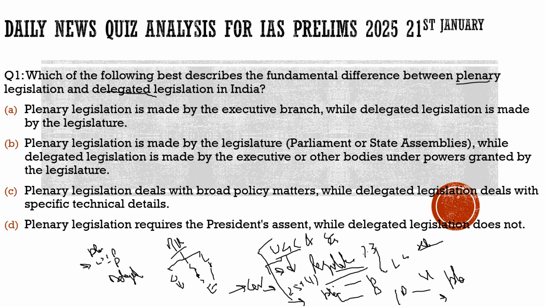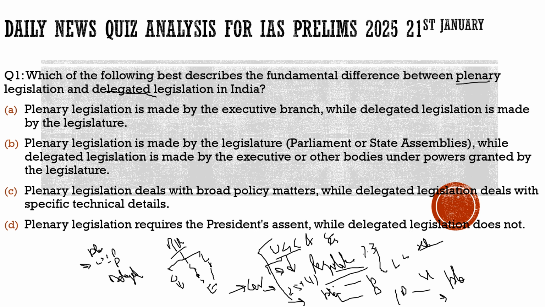So this delegated law, which we can say is subordinate law, has now become a type of plenary law, as it has got the assent from the president. It has passed through the Lok Sabha and Rajya Sabha. In one judgment, the Supreme Court says it will supersede the plenary law. In another judgment, in the same situation, the Supreme Court said it will not supersede. So there is a confusion from the Supreme Court's point of view here.